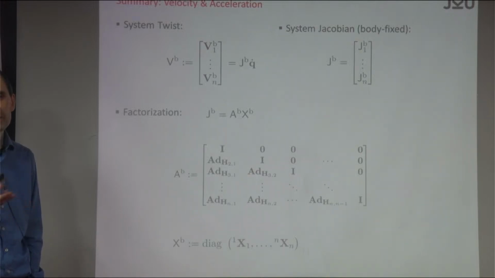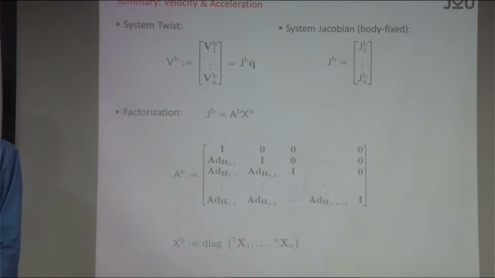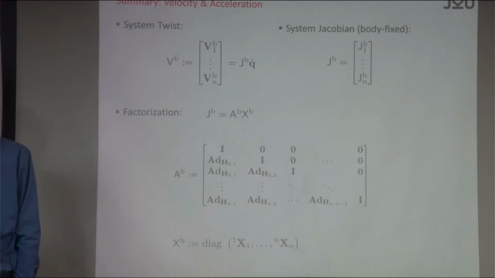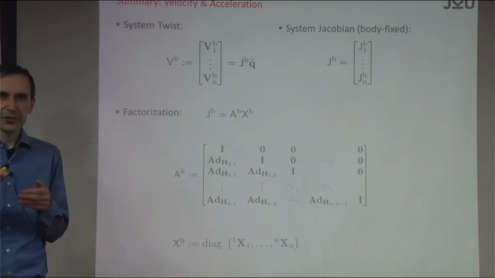So let's say how many, no, that's not a good question. I could ask, how many operations do you need? I don't know, really. It depends on how you implemented it, right? But the question is, for one particular implementation, even the most efficient one, how does it scale with the system size? Like if I have one more joint, how many more operations do I need? Does it go linearly? Does it go quadratically?